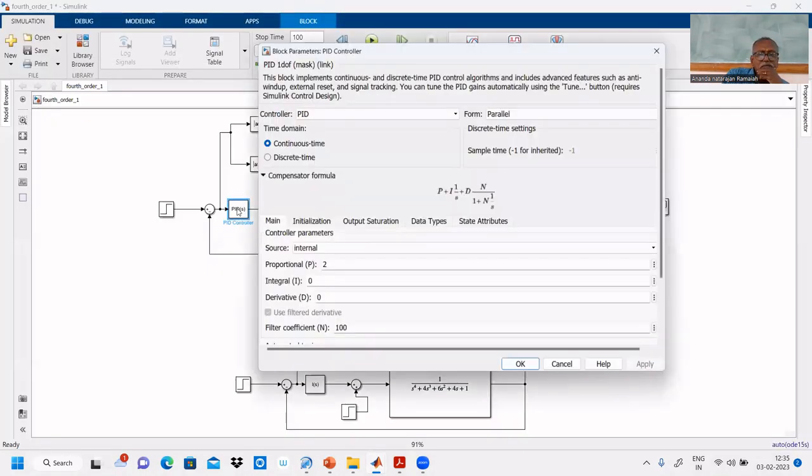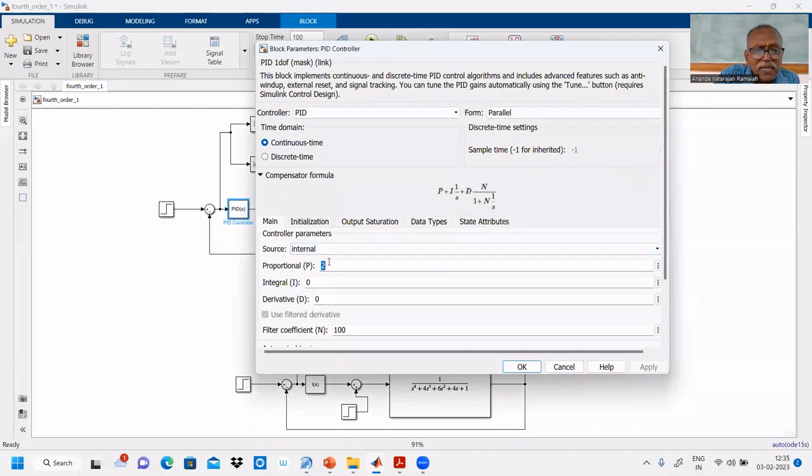If we make this a PI controller, then it should be multiplied by 0.45. 4 multiplied by 0.45. So we entered Kc.